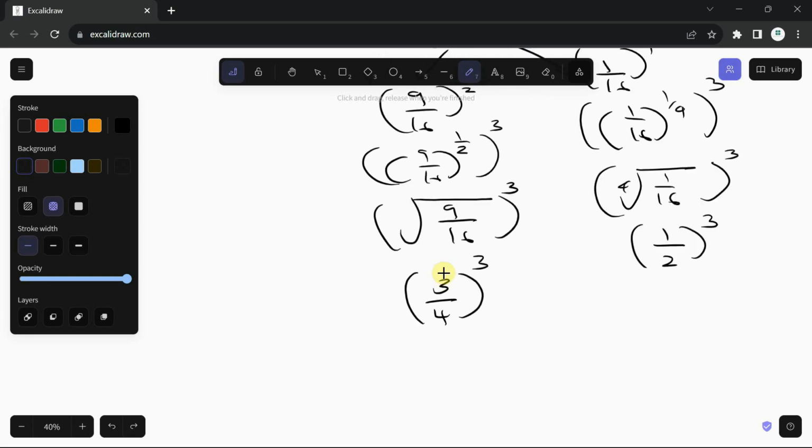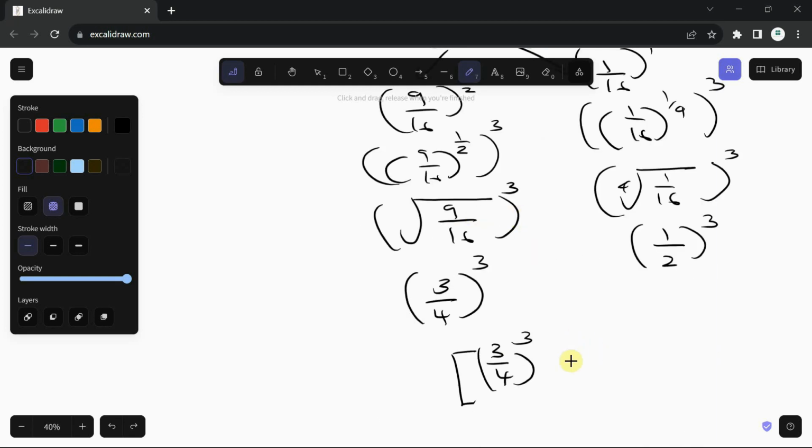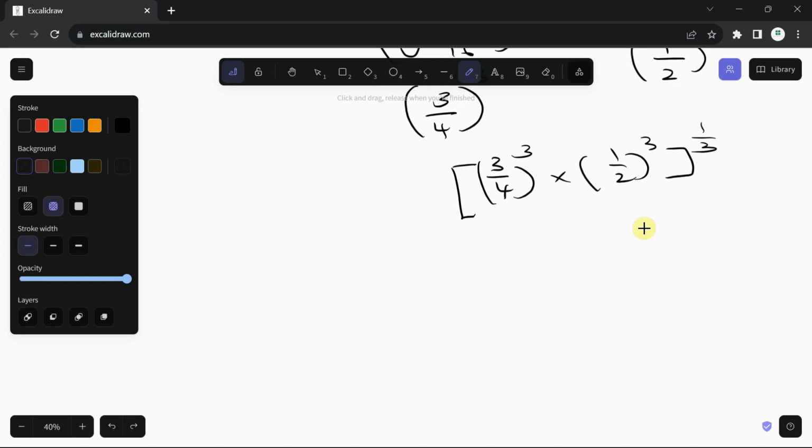So if I replace it now, I could say 3 over 4 all cubed, multiplied by 1 over 2 all cubed, and I think there's a 1 over 3 on top. Yes, so there's a 1 over 3, right? I could do something else, but let's do it the right way. So let's take the cube roots of 3 over 4 all cubed and 1 over 2 all cubed.